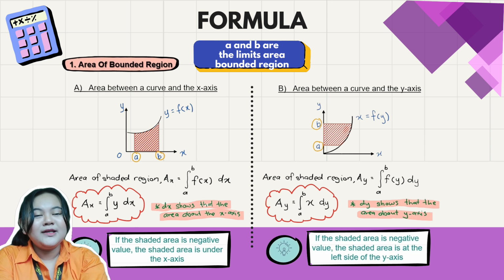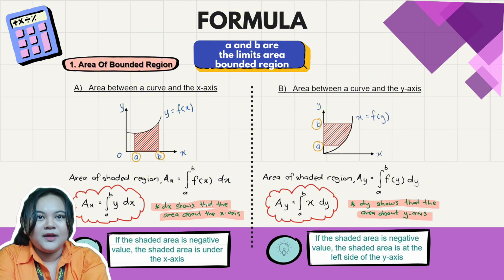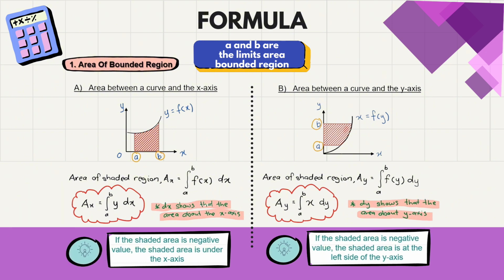So the formula to find the area of the shaded region with the y-axis is A equals the integral for limit a and b. If the shaded area is a negative value, the shaded area is at the left side of the y-axis.